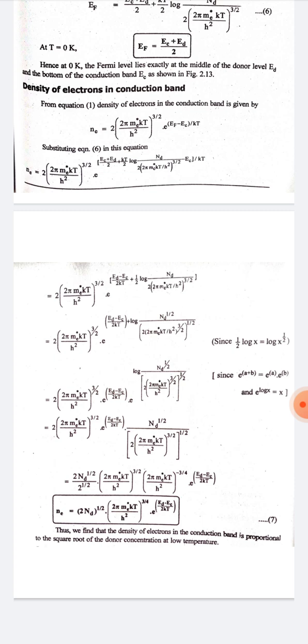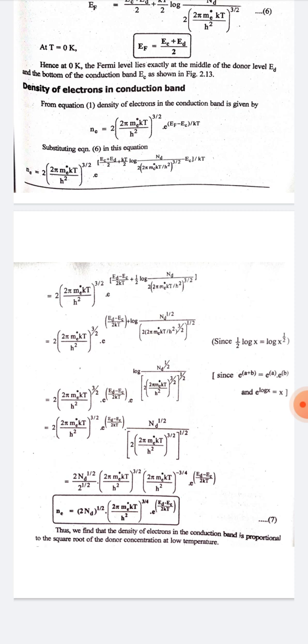We get Ne equal to 2 into (2 pi me star kT by h square) whole power 3 by 2, then exponential of [(Ec plus Ed) by 2 plus (kT by 2) log of (Nd by 2 into (2 pi me star kT by h square) whole power 3 by 2) minus Ec] by kT.